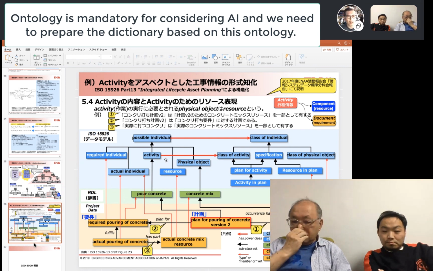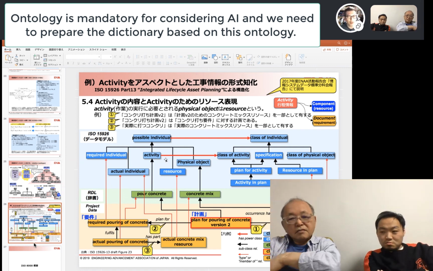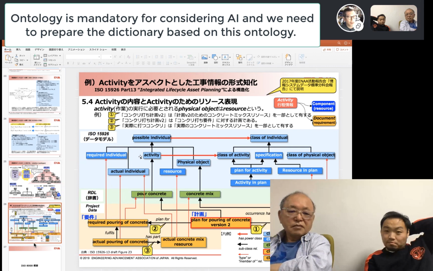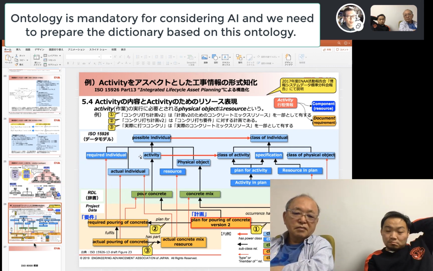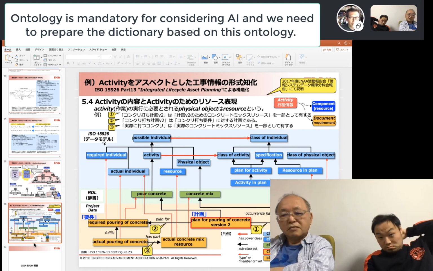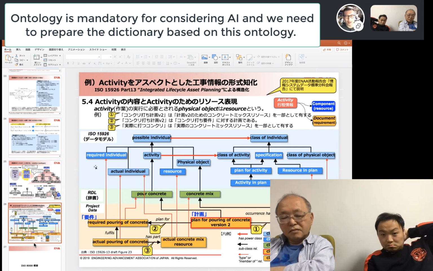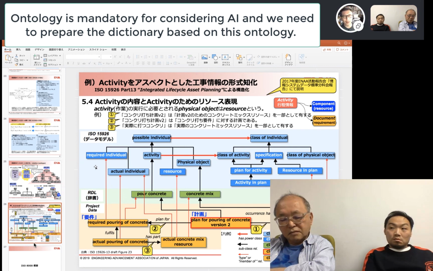And at this moment, we already have such a specific dictionary or data model already specified in a specific ISO standard. So the point is, such an idea is not just an idea, but already somebody is thinking about that, and already there is an international standard.